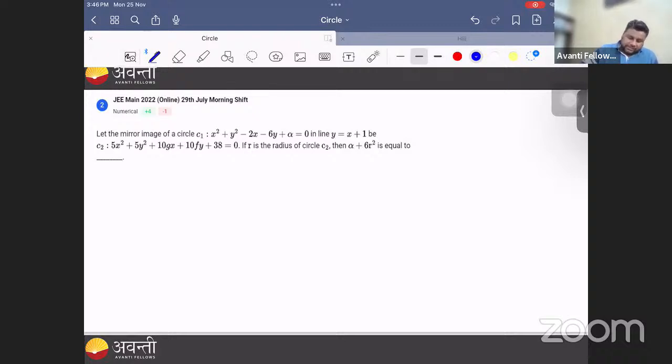See, there is a circle. The mirror image of this circle in some line is like this circle. These two circles are identical.